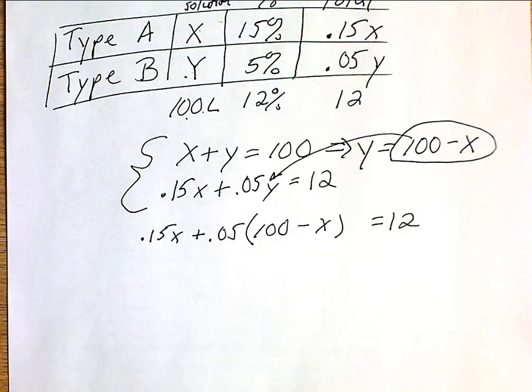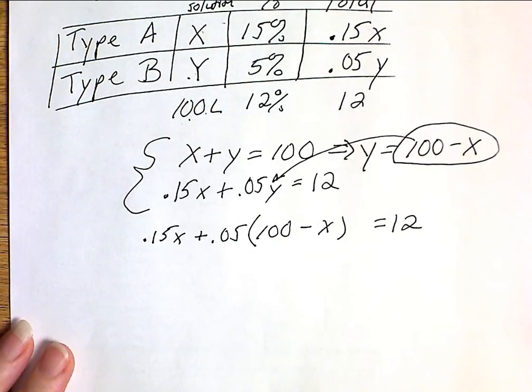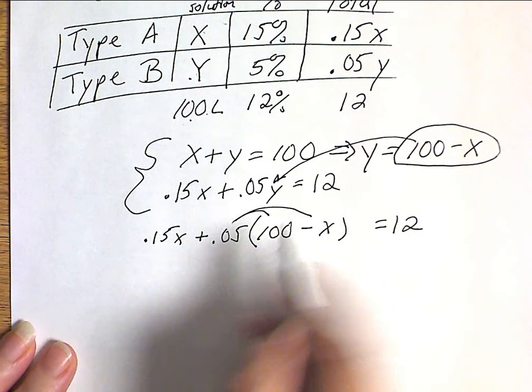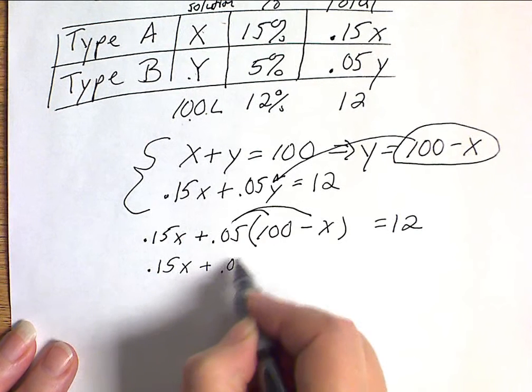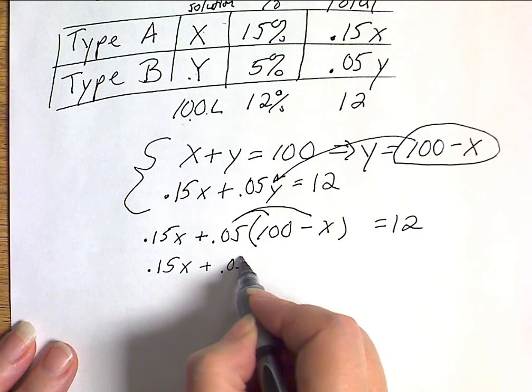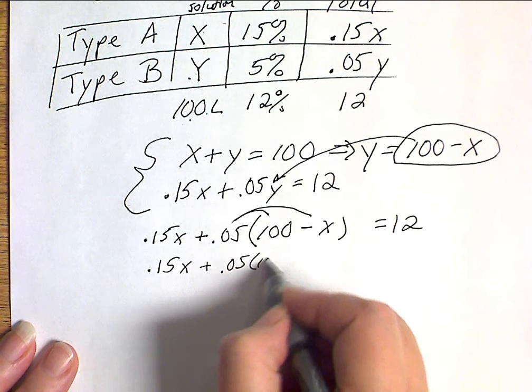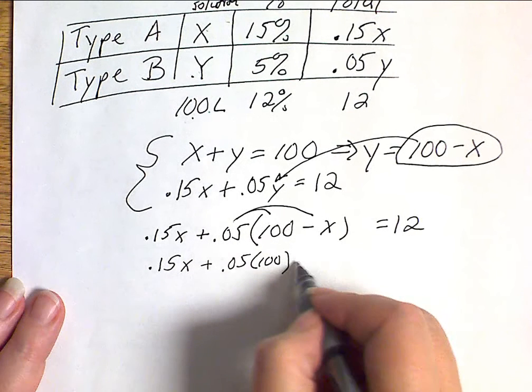Alright, next step. What's my next step? Distribute. Yep, so I'm going to distribute. So I'm going to go 0.15x plus 0.05 times 100. You didn't have to do this, but I don't know why I started doing this.